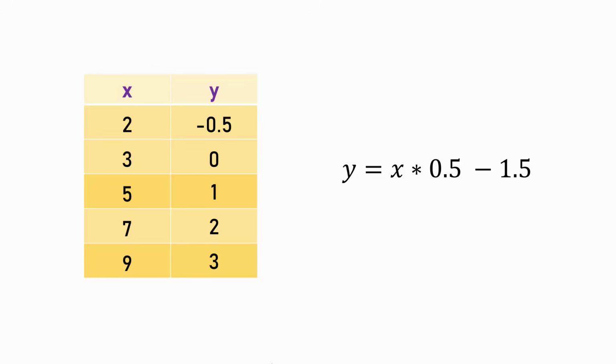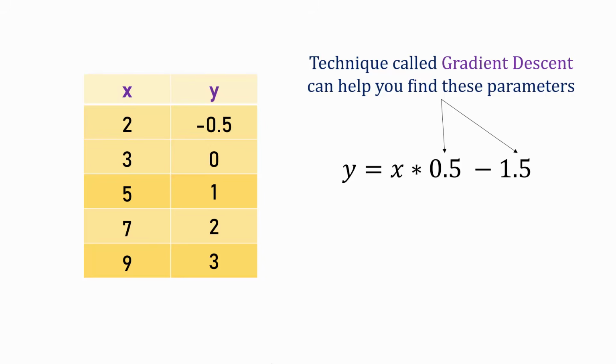But if you give this to a computer, it has a technique called gradient descent. Using that technique, it can find out the linear equation for this table. And this gradient descent is at the core of machine learning and deep learning, especially supervised learning, because in supervised learning you have truth data, which is x and y.